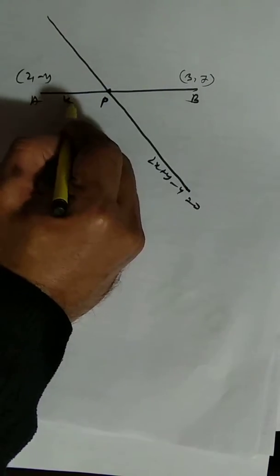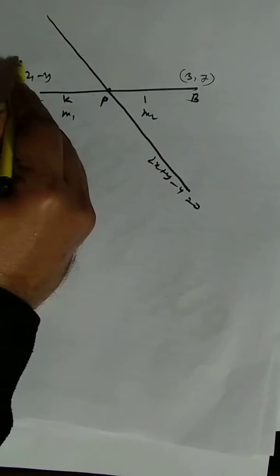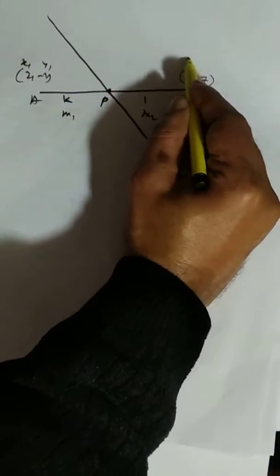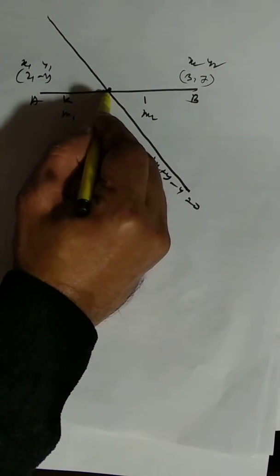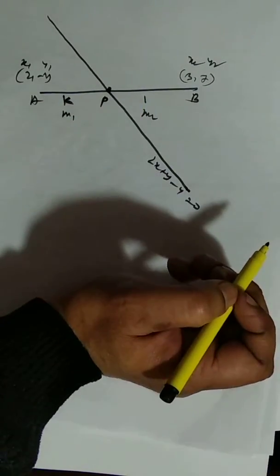So I can take the ratio as k is to 1, with m1, m2, x1, y1, x2, y2, right? Now, by using the section formula, I can find the coordinates of this point in terms of k, because k is involved here.